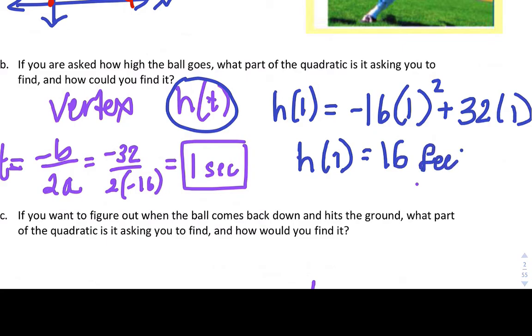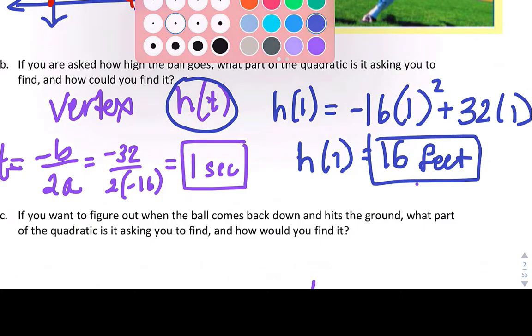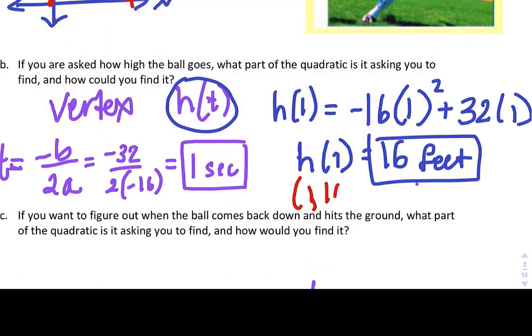So at 16 feet, that is the maximum height of the soccer ball. So we can write that as a coordinate. Let me change colors again. So (1, 16) would be the vertex. Let's write that neater here. (1, 16). So there's the vertex, the highest point of the soccer ball.